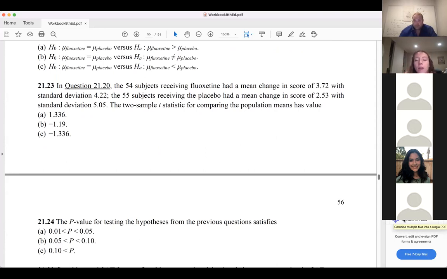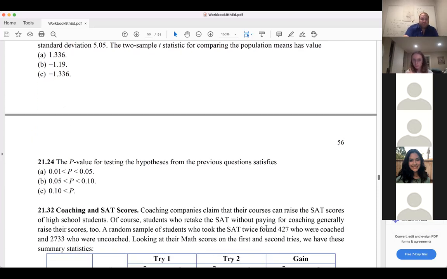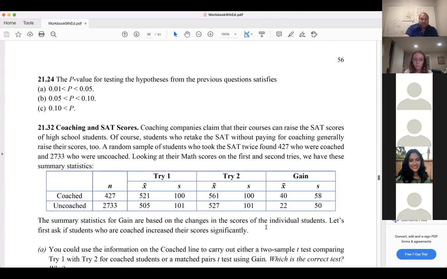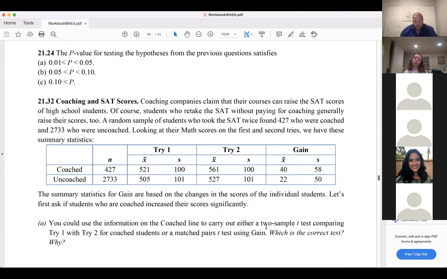Go ahead, A, B, or C. So I also get B. I got 0.09 as my p-value, and 0.09 is between 0.05 and 0.10. And that seems to be it.